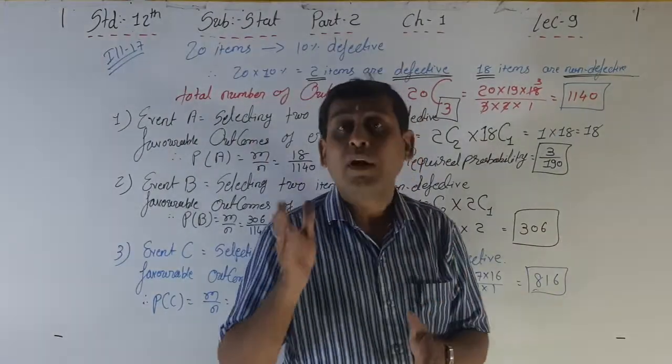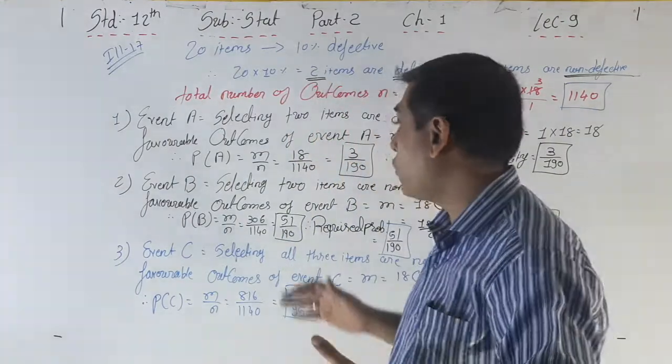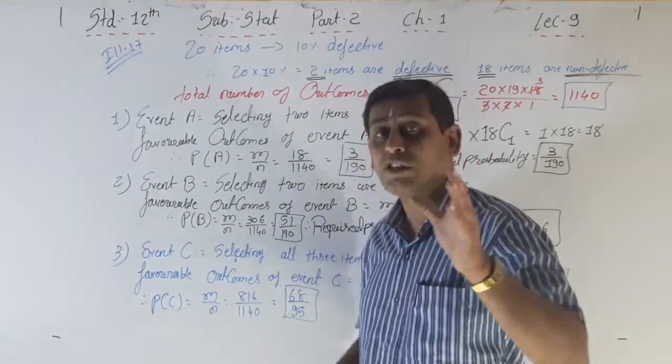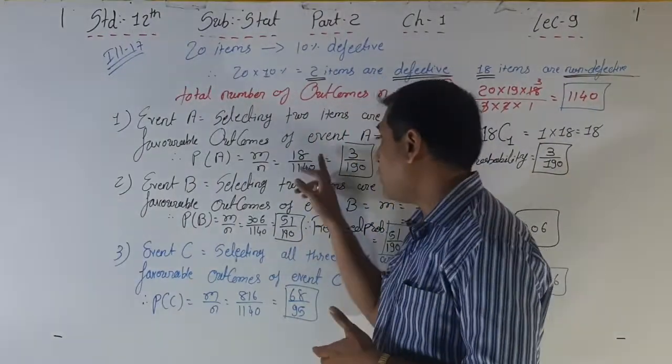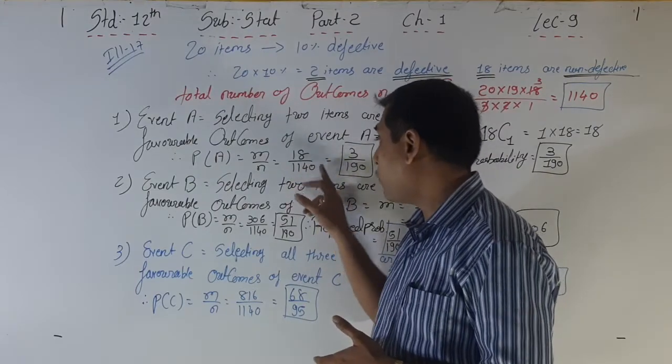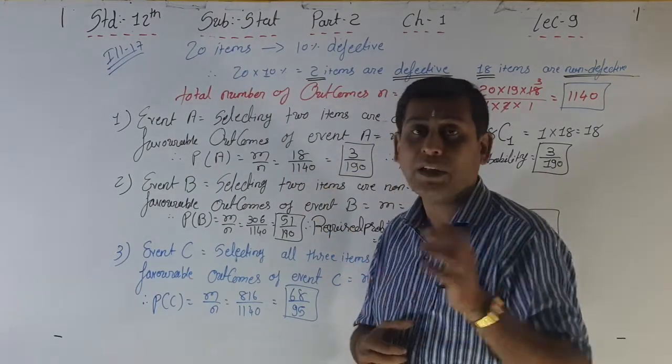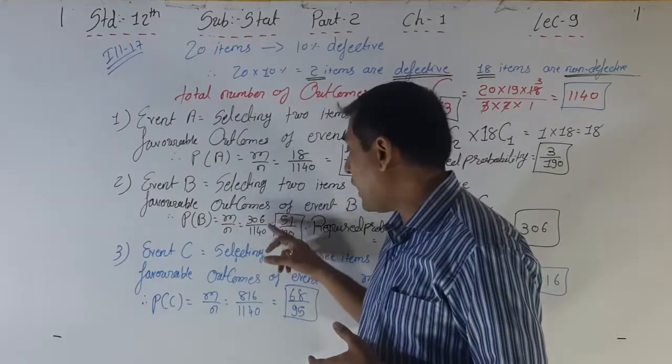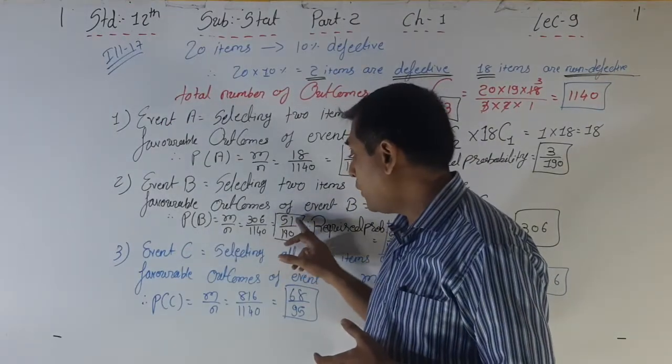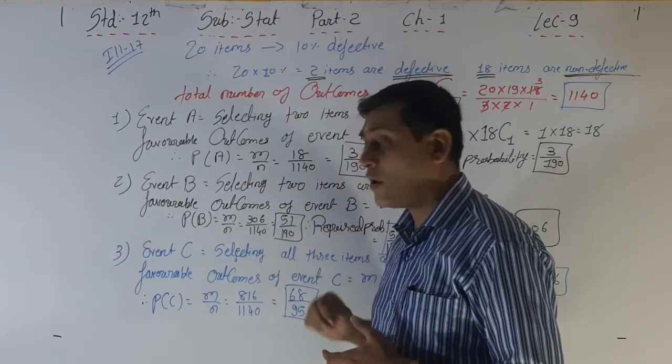Just take the common amount from there, and write the final answer. See here, 6 is common in these two, that's why we write 3 by 190. Here again 6 is common in these two, that's why we write 51 by 190.